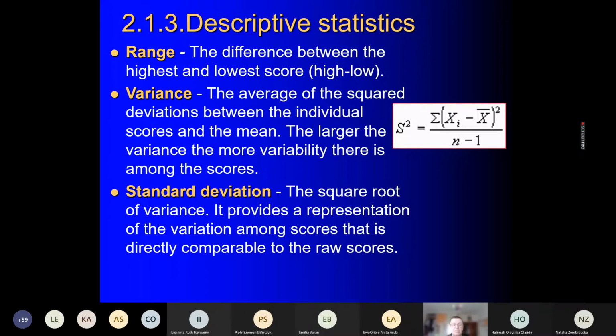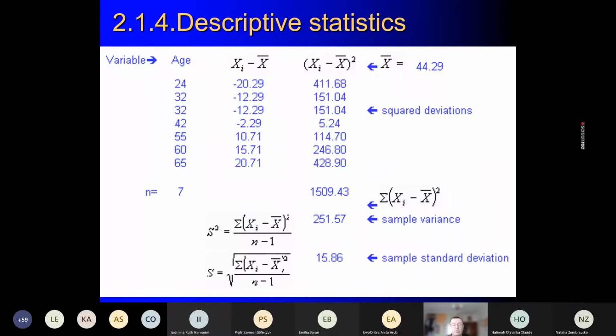Other descriptive variability assessments include variance, which is the average of squared deviations between individual scores and the mean; the larger the variance, the more variability there is among the scores. And standard deviation, which is the square root of variance, provides a representation of variation among scores that is directly comparable to the scores.